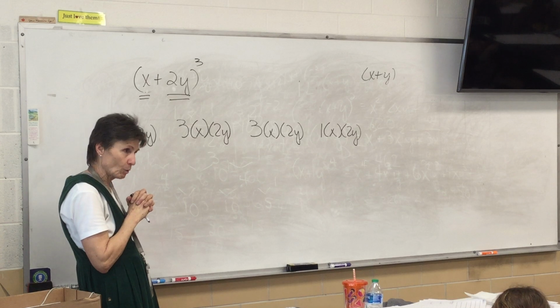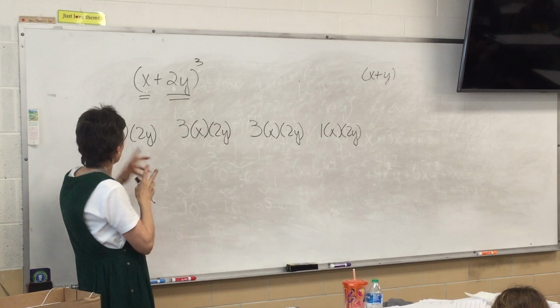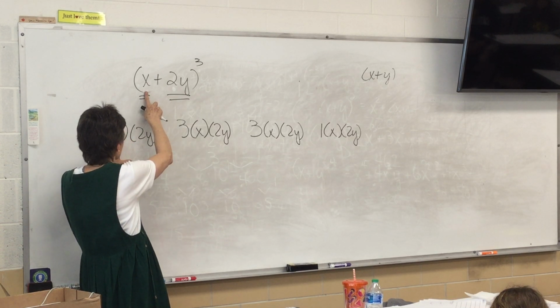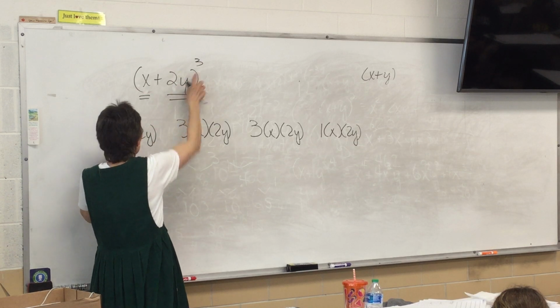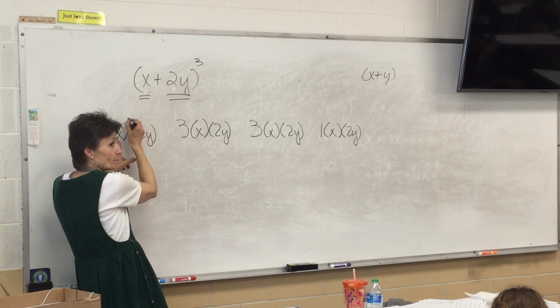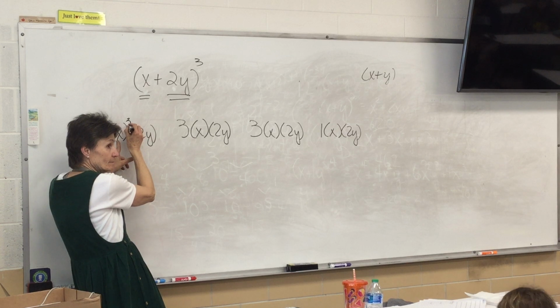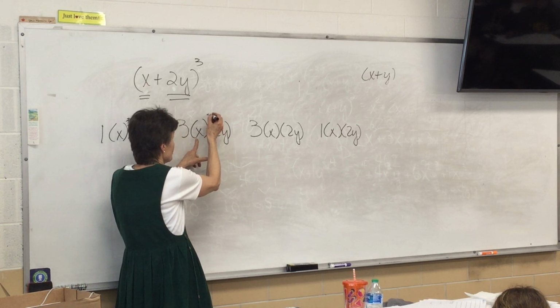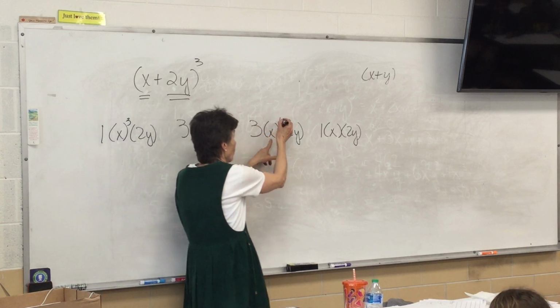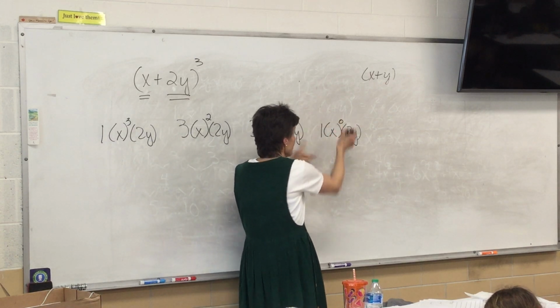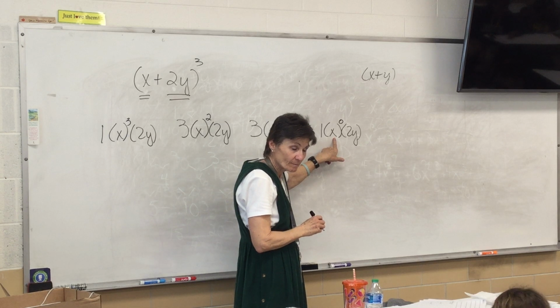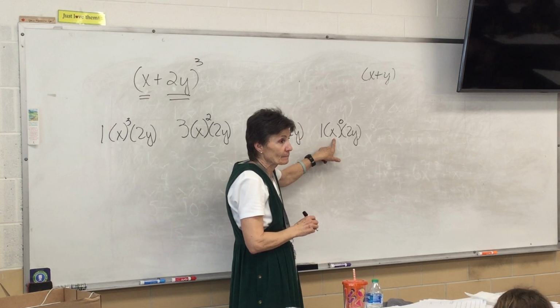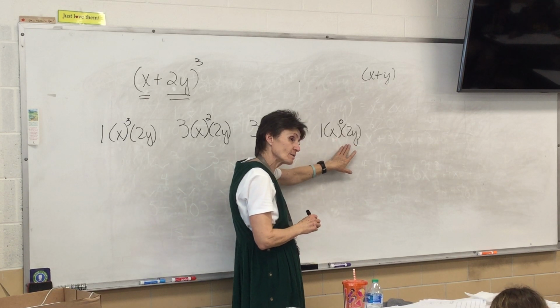Now I'm going to put the powers on. Well, my first letter is x. So if I'm going to the third power, this power will be a 3. And then what about this one? 2, 1, and 0, so that's going to disappear. Now what about my y's?